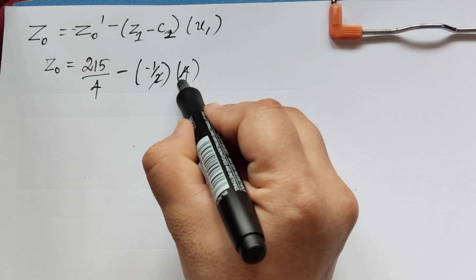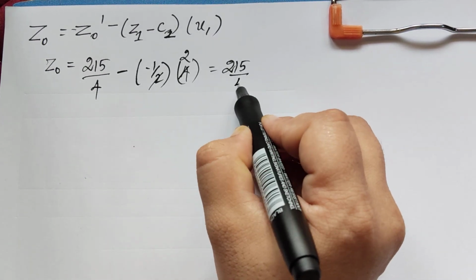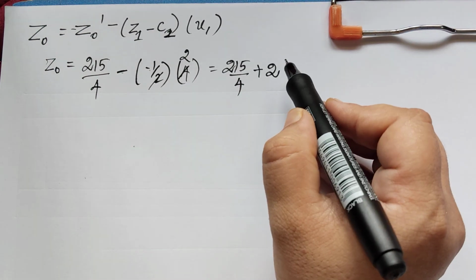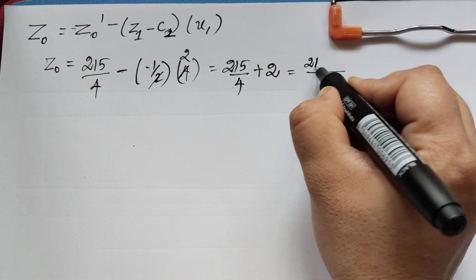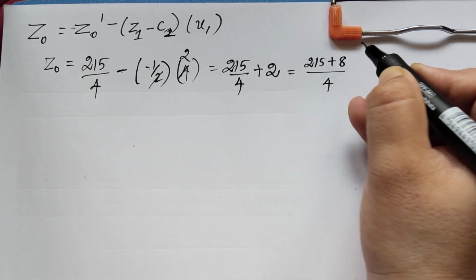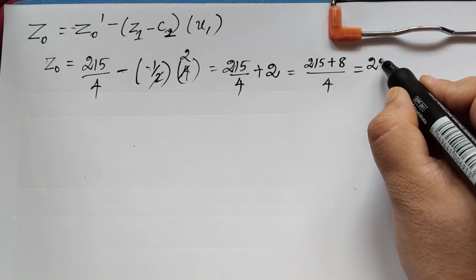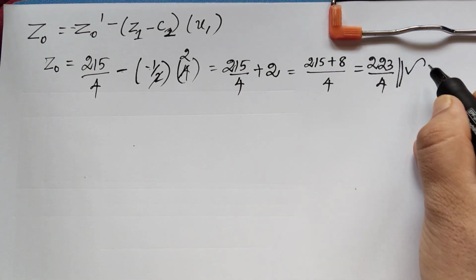So 2, 1 times, 2 times. That's equal to 215 divided by 4, minus into minus is plus 2. The LCM is 4, so 215 and plus 8, which is equal to 223 divided by 4. So this is the updated solution.